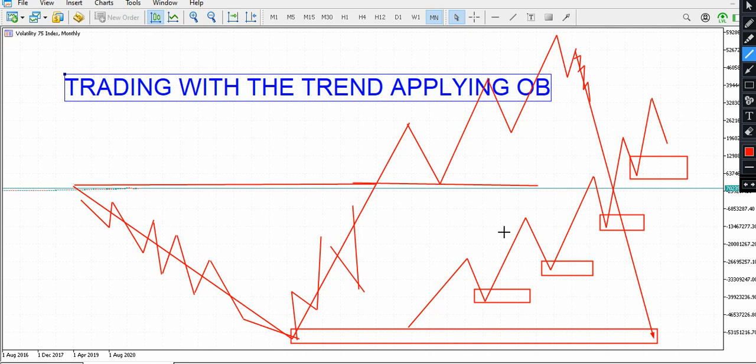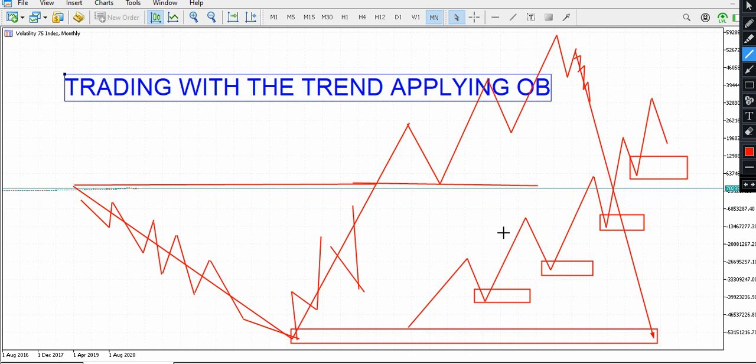Then the fourth thing that you should do is look at whether the previous structure was taken out by the swing high or the swing low. Was the previous high or the previous low taken out by the new swing?